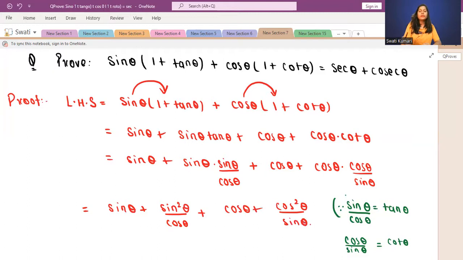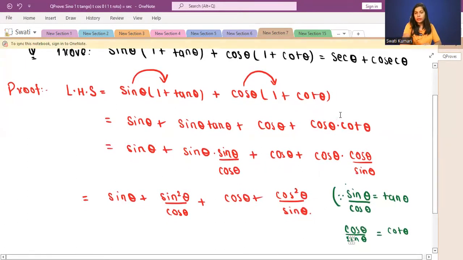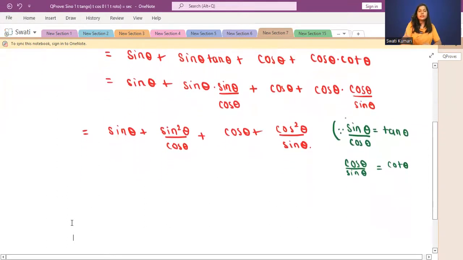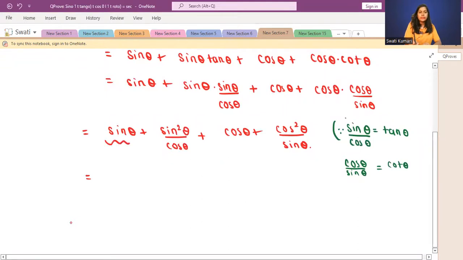Now here I'm going to do one step. I'm going to write down the sine theta and this cos square theta together. So this sine theta and then this cos square theta upon sine theta together.